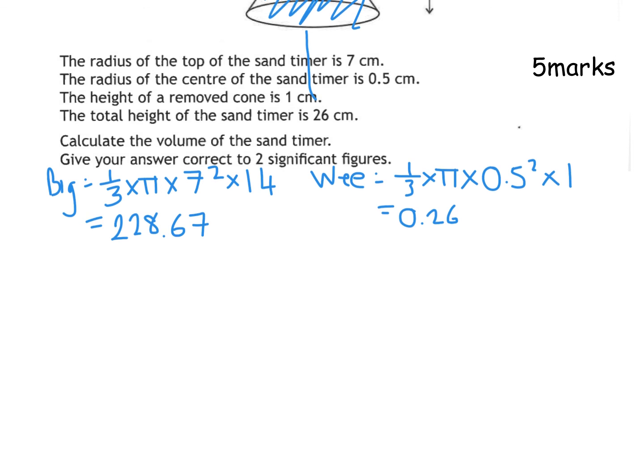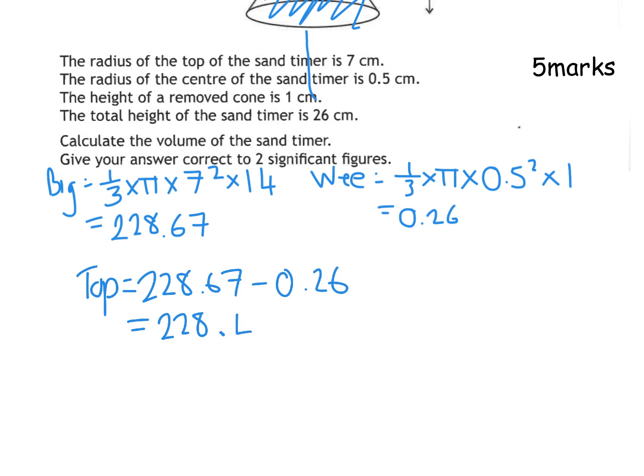So the top half of the shape will be the 228.67, take away the 0.26, which is 228.41.